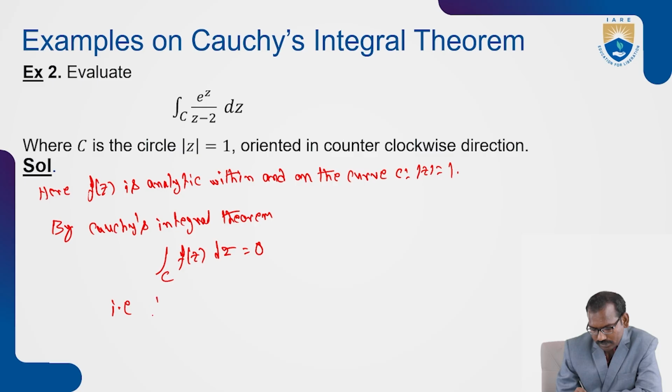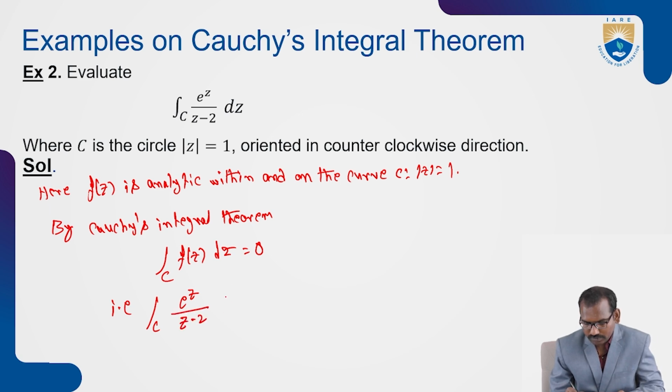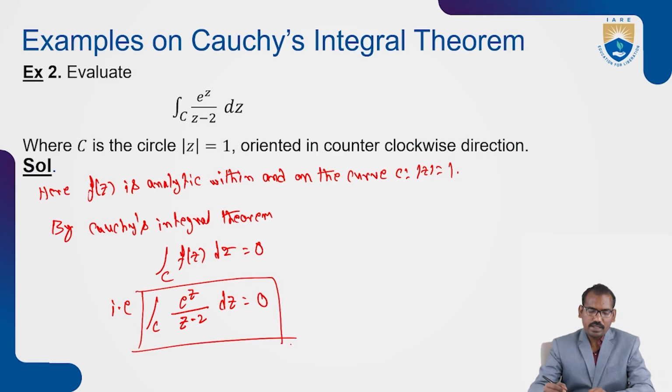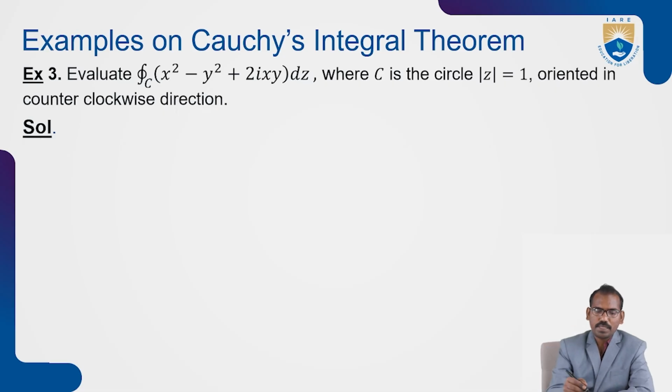That is, in this problem, the integral along C of e power z by z minus 2 dz is equal to 0. So it is easy for us. In the case where the function is analytic in the simple closed curve, we can directly write the integral value is 0.